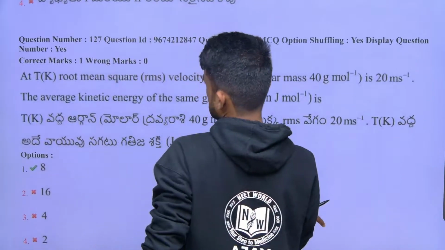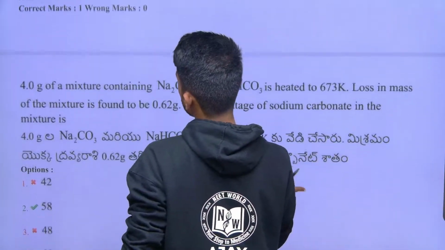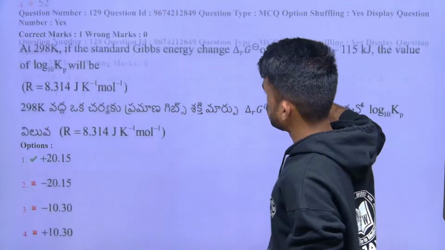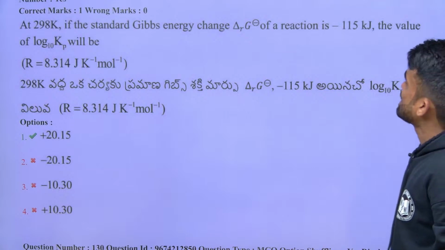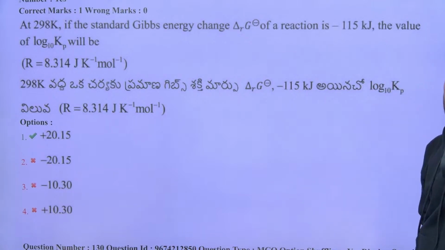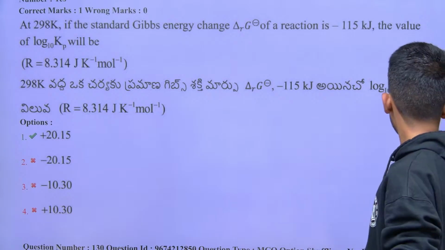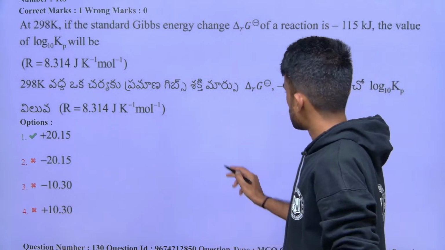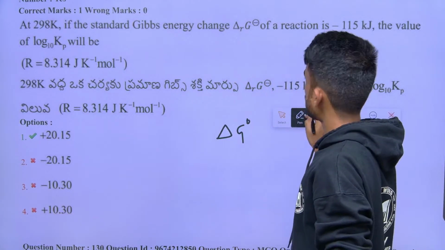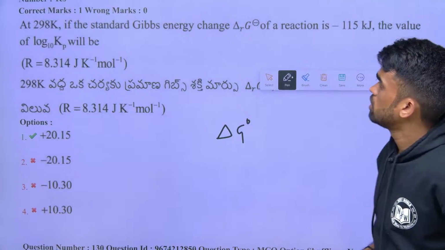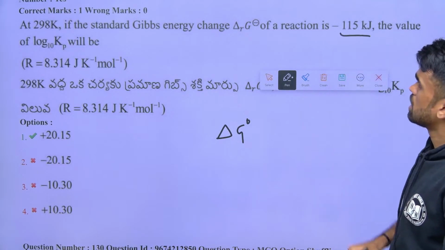Okay, and next here we have, let me go through this question. If the standard Gibbs free energy delta G naught for the reaction is minus 115 kilojoules, the value of log Kp. So how can we solve this?